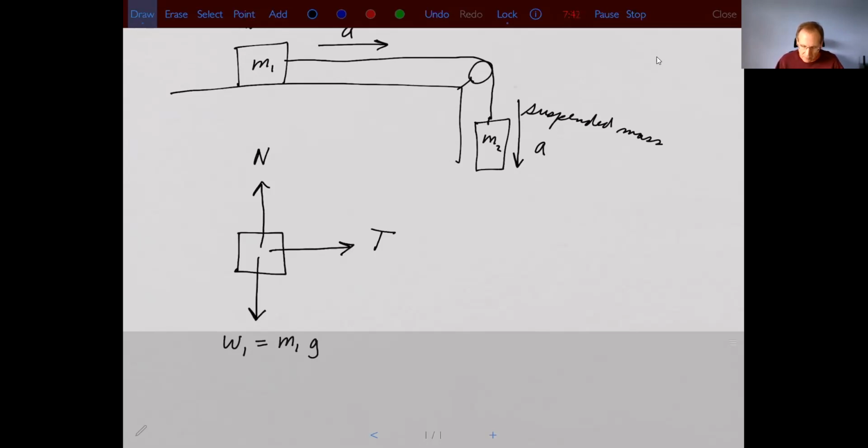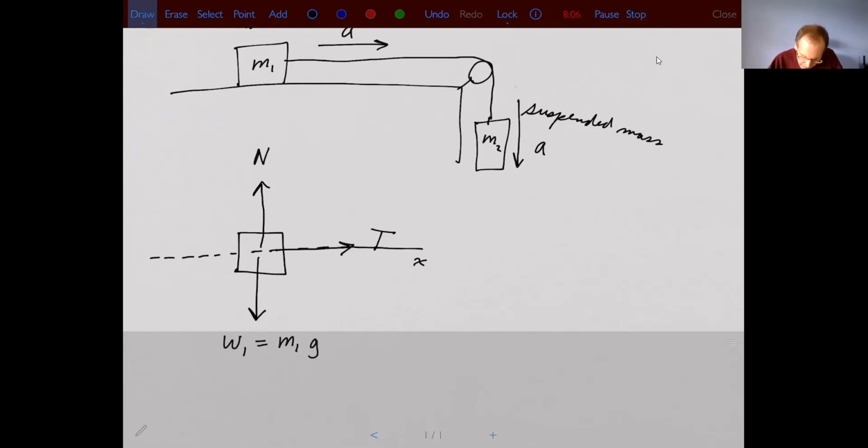Okay, now what I want to do is create some type of coordinate system so I can apply Newton's second law. Well, in this case, since the object we know is accelerating to the right, I'm just going to use my standard coordinate system where I have x going to the right. I'll just dash it in here. So this is my x-axis.